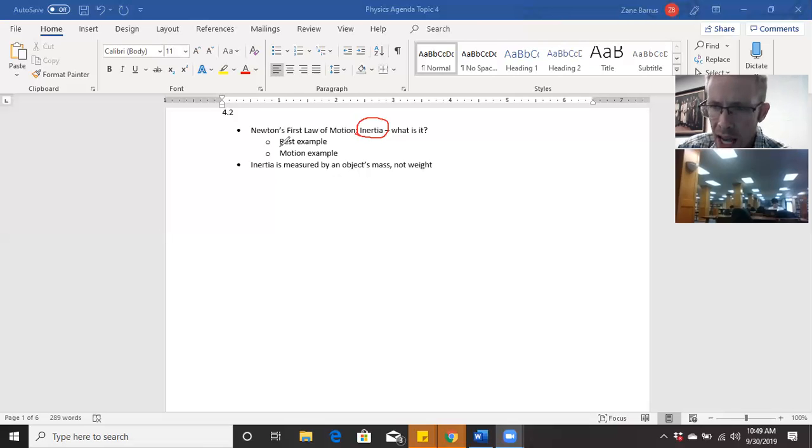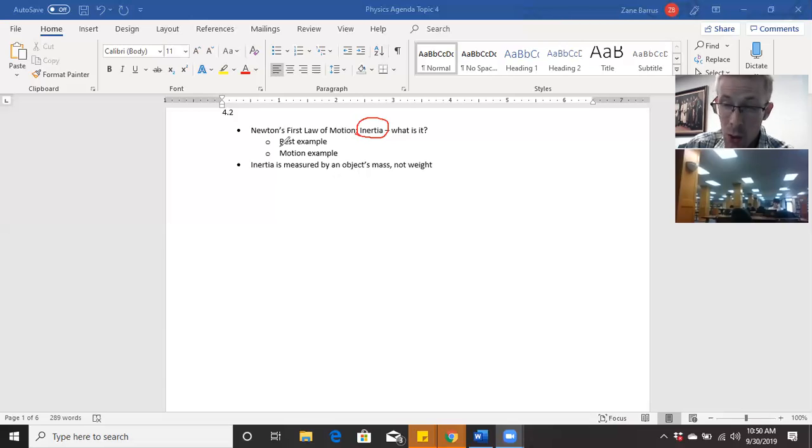That's an example where your body is traveling in a certain direction as you're driving towards the curve. As the car makes the curve, your body wants to keep moving in the direction it was originally moving in. So even bodies that are in motion want to stay that way. That's why your body slides across that seat when you are on a sharp curve, because of inertia.